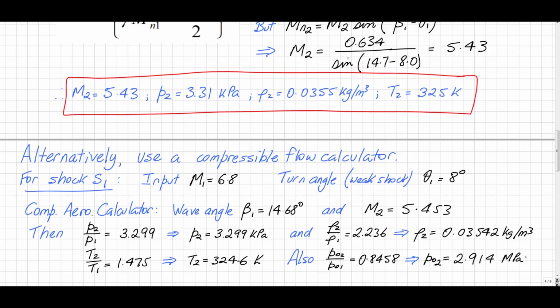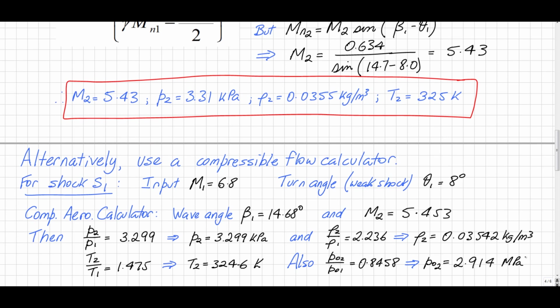And that was obtained after noting that the stagnation pressure upstream of the shock, of the oncoming flow, is 3.445 megapascals. Now we didn't calculate that in our analysis above. We could have done, we've got the equations to do it, but I was a little bit lazy, so we've got that out of the calculator. So you can see that things can be a little bit quicker with the aerodynamics calculator, but we get the same results, maybe with a slight difference down at the third significant figure.